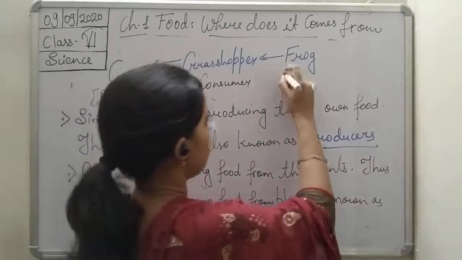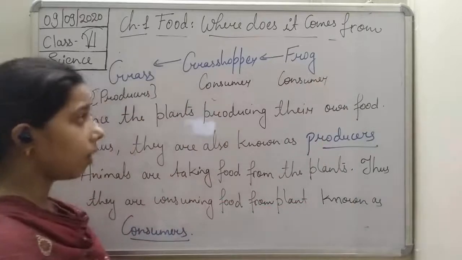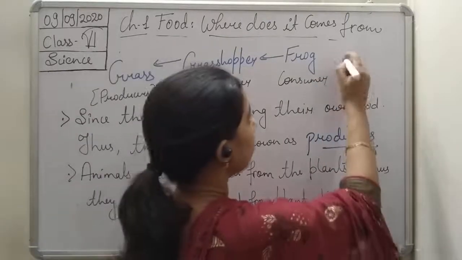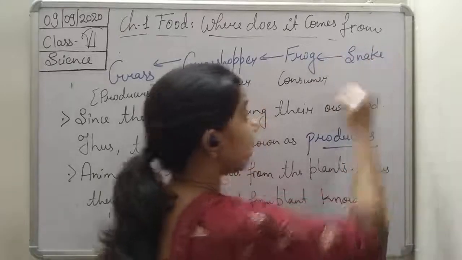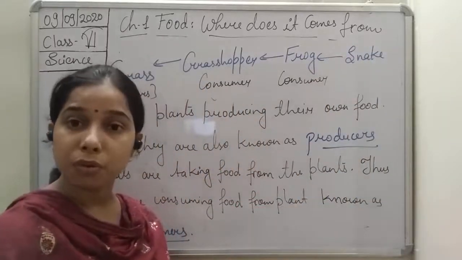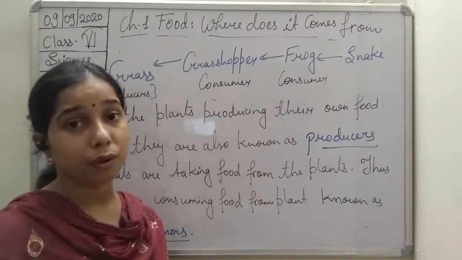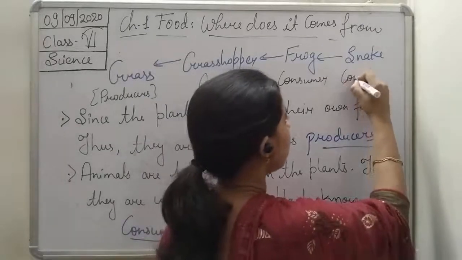So, we will write here consumer. Okay. Now, you see, frog will be eaten by the snake. So, snake is what? It is also a consumer because it is consuming the food. It is taking the food from other animals, from the plant. So, this one is also consumer.